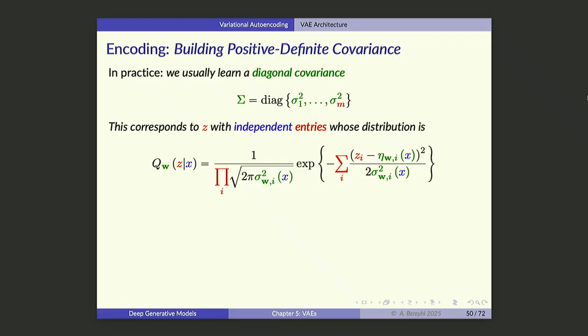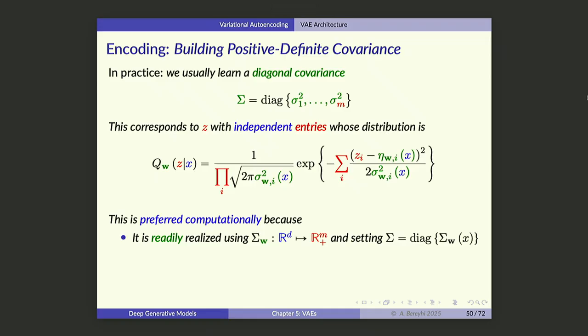Every single of them is subtracted from its corresponding mean value, eta i, squared, divided by 2 times sigma squared, this is the corresponding variance in this matrix, sigma squared of the dimension i, right? You're going to add all of them together, and this is the coefficient that shows up based on the Gaussian distribution term, right? Everybody's cool, right?